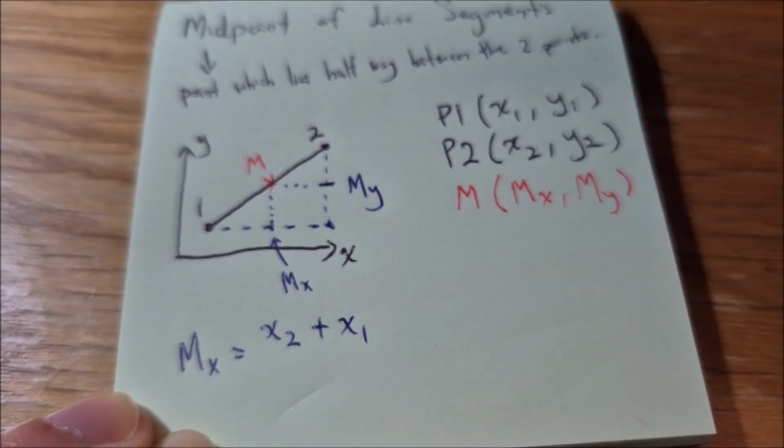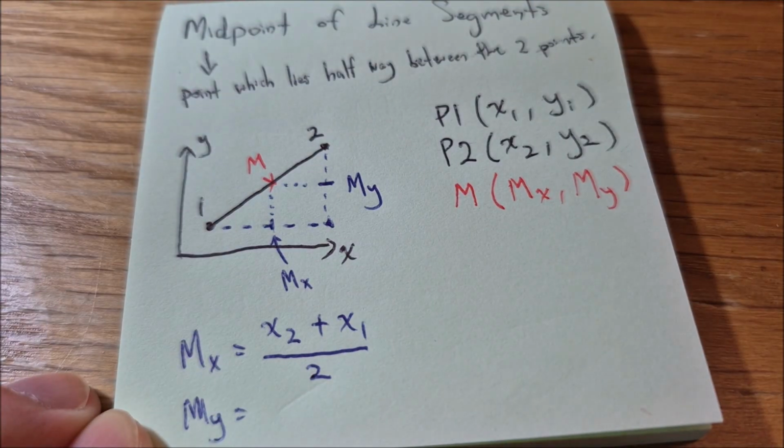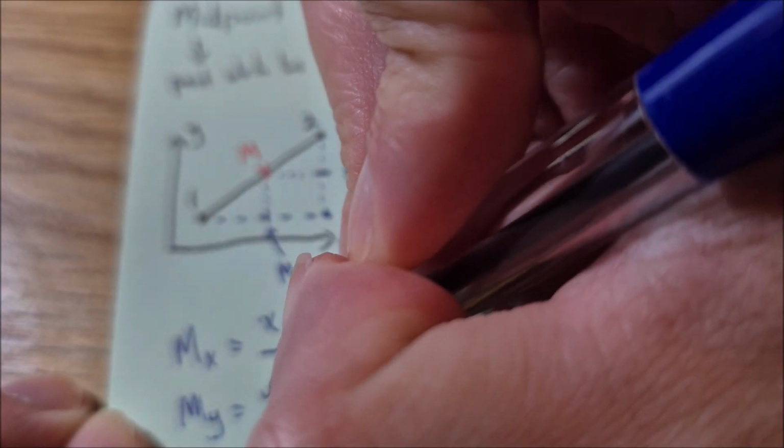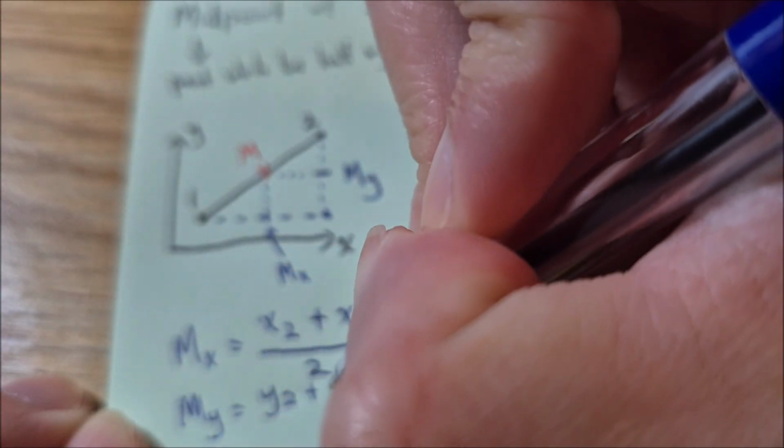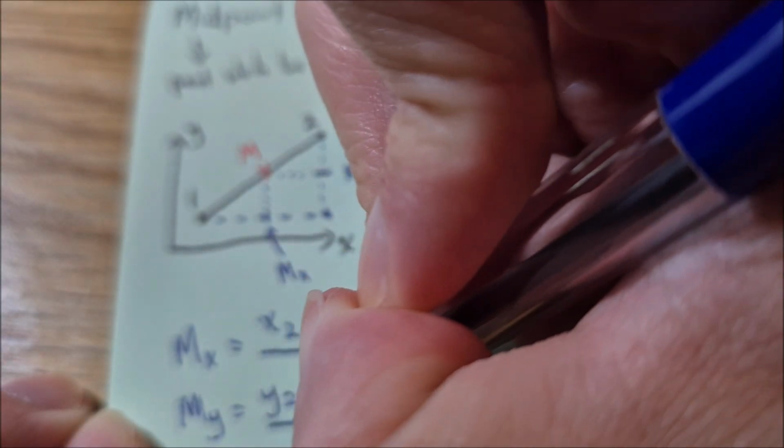So x2 plus x1 divided by 2. And similarly, our My will be y2 plus y1 over 2.